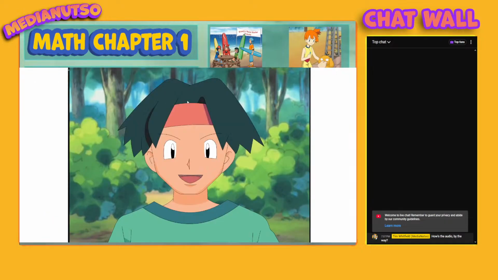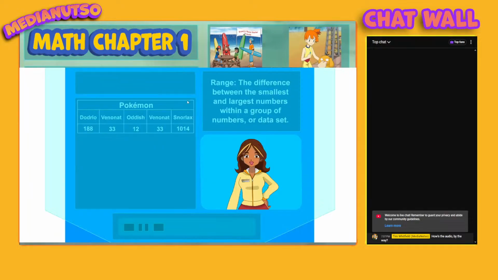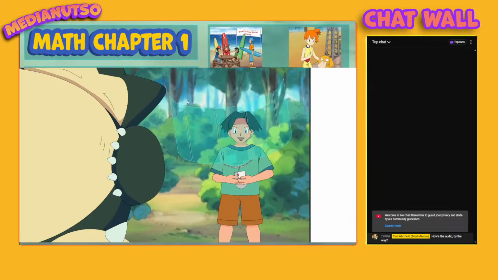Oh, so Professor Oak might want to know how much of a difference there is among the biggest and smallest, right? Sounds like it. The range can tell you if there's a big difference in weights, or if they all are pretty close in size. So, Oddish's weight is the smallest, and Snorlax's weight is the largest in the set.